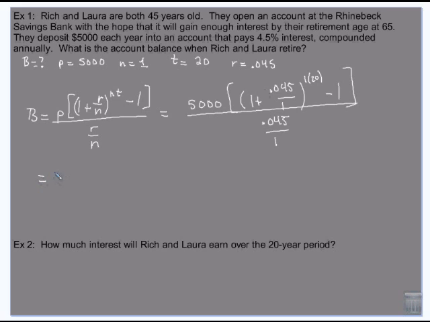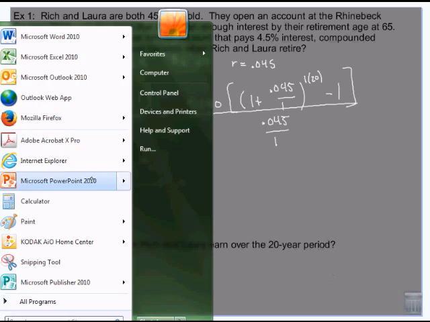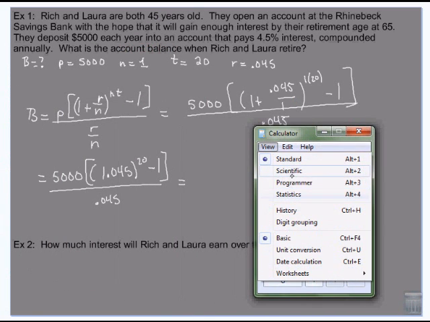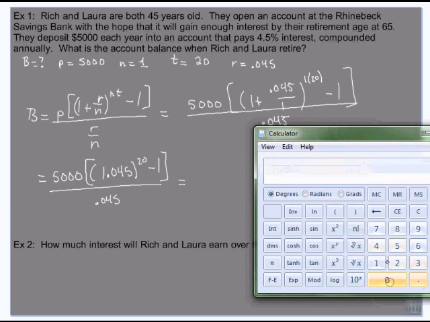So 5,000 times 1.045 to the 20th minus 1 over 0.045. So I need to find out what is that 1.045 to the 20th.